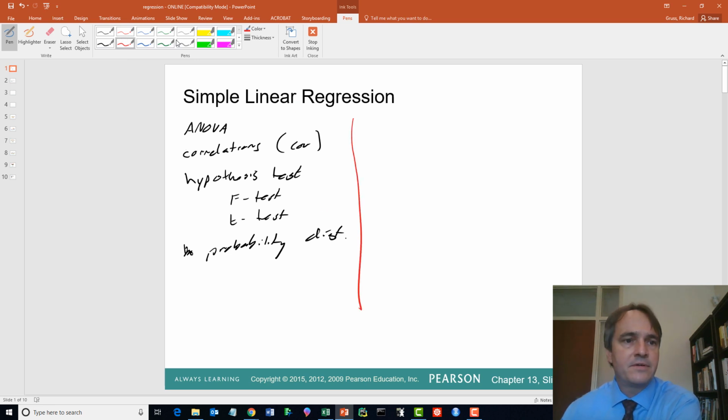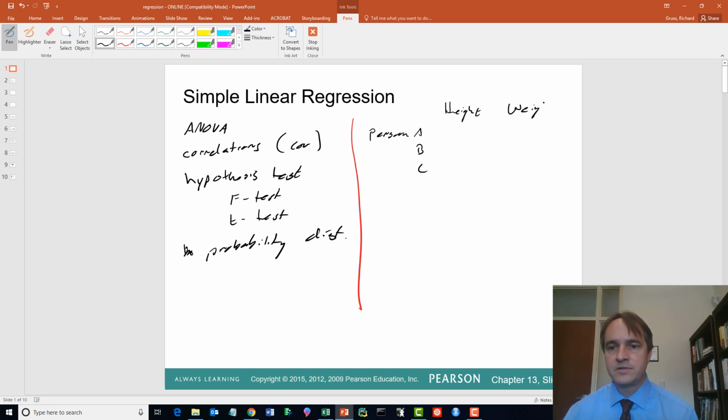Just to give a really rough example, let's say we have observations like this: person A, B, and C, and for each person we have a measurement of height and a measurement of weight. We might ask, is there a relationship between these two?